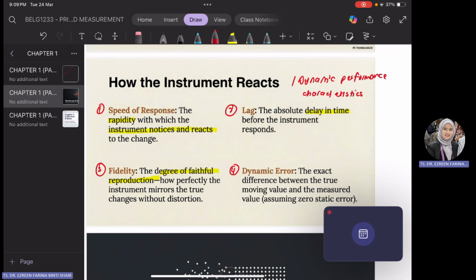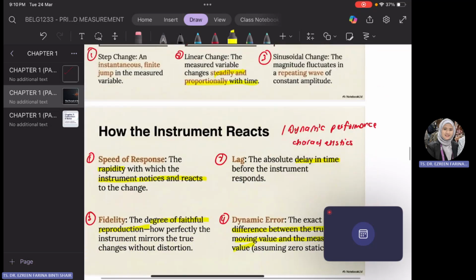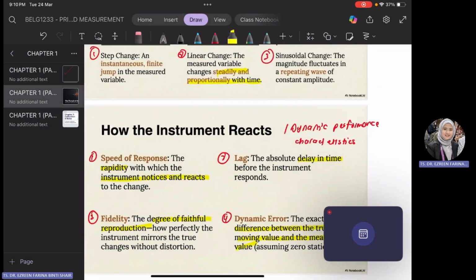This is similar to what we have for static performance characteristics: we have error, it's just that for dynamic performance characteristics we call it dynamic error. It's basically the difference between the true moving value and the measured value. So it's very important for you to know the difference between static performance characteristics and dynamic performance characteristics.